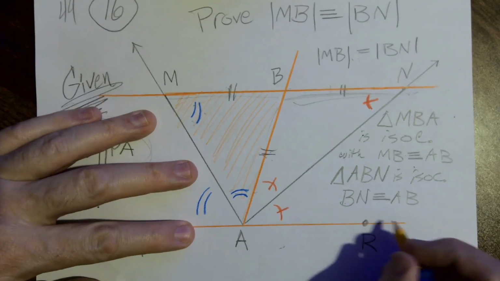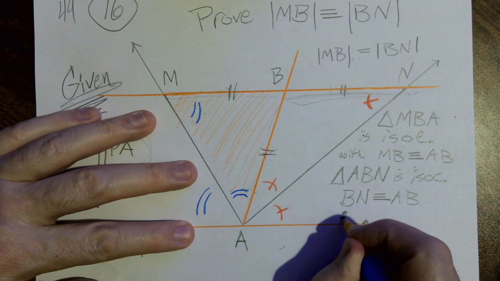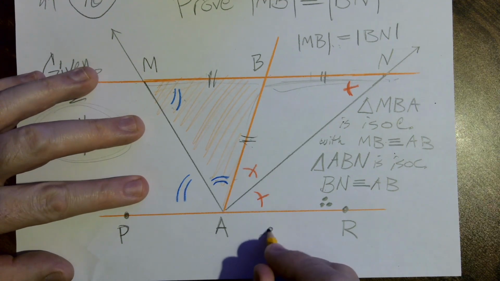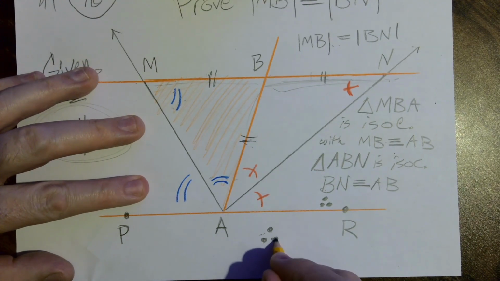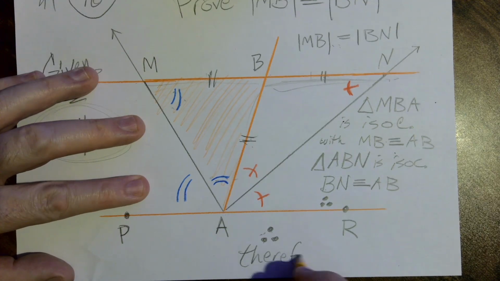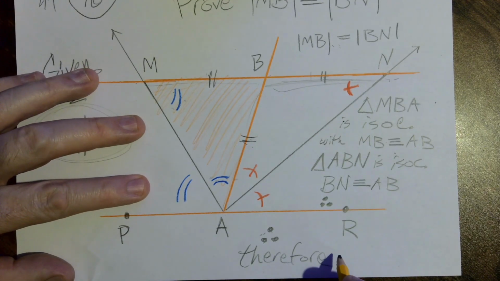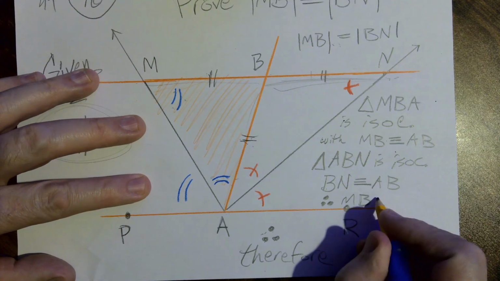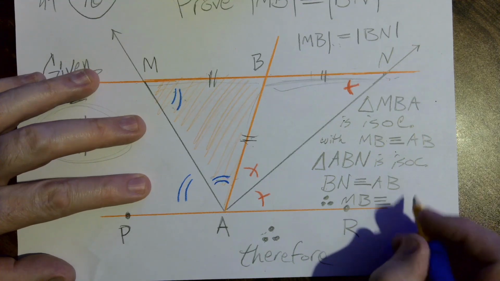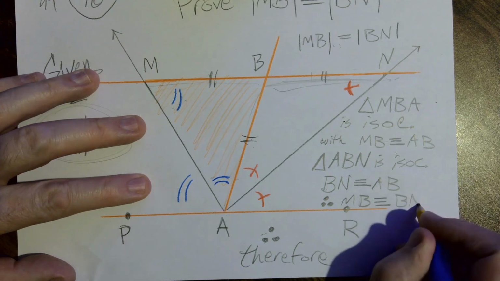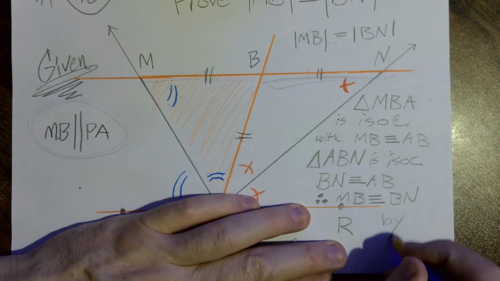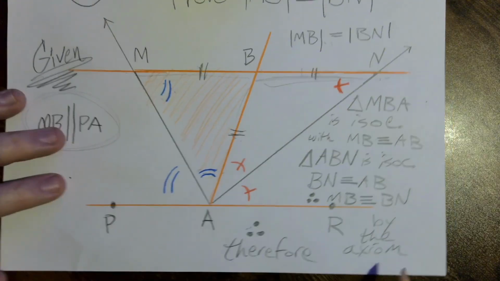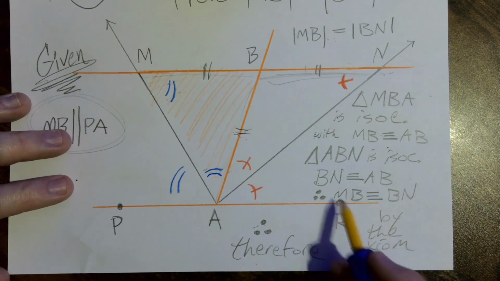And if you remember, so we'll put these dots here. We'll say, therefore, we'll squeeze it right here. Therefore, that's what those three dots mean. A little stack of triangle dots. It's therefore. Therefore, MB is congruent to BN by the axiom transitivity of congruence.